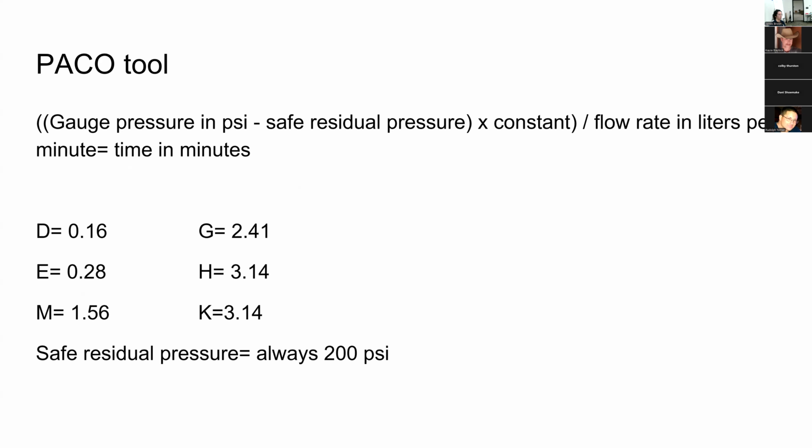And you're going to get 4082. So you have 4082, and say your patient is running 10 liters per minute. You're going to divide that by 10. And that's how you're going to get that you have 408 minutes of oxygen that you can give that patient at that flow rate.